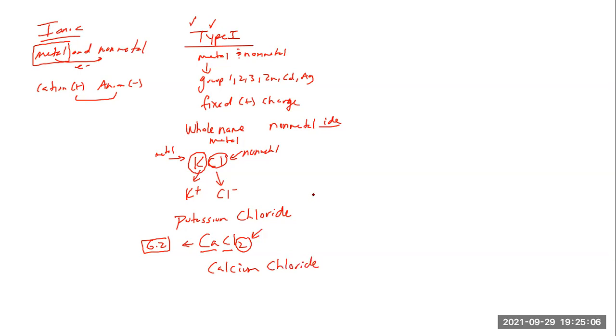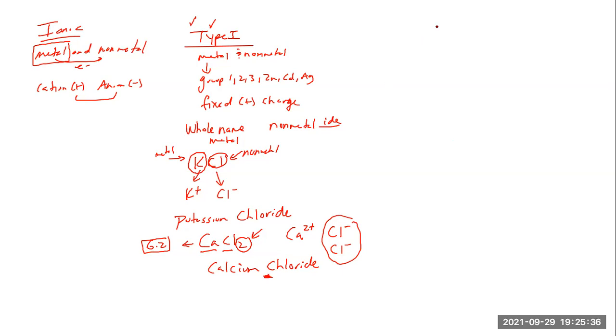Again, you should not use any type of prefixes with that. The reason there is a 2 again is because the cation is a calcium with a +2 charge, and each of the anions are actually chloride here with a -1 charge. So we do need 2 of them, which is why the 2 appears in the formula. But again, no prefix or no worries in terms of the name. We just simply call it chloride.